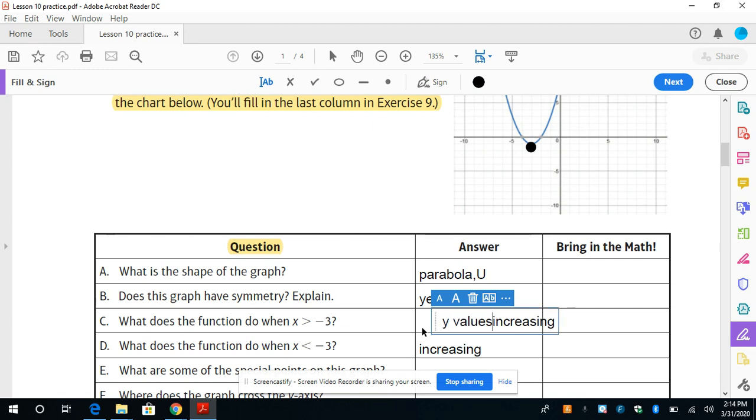I'll be specific. And we can say it's turning to the right. So this one, when x is less than -3, it's increasing, turns left, and the other one was turns right.